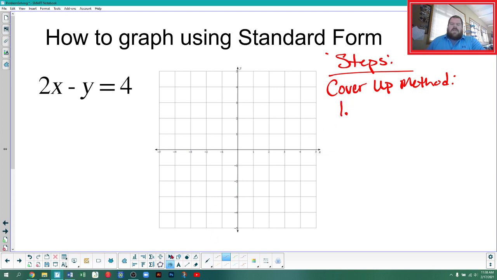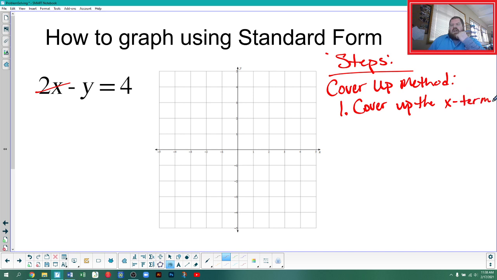Sometimes I'll cross it out, but I don't want to make it unreadable because I want to know it later. I'm going to somehow cover up the x term.